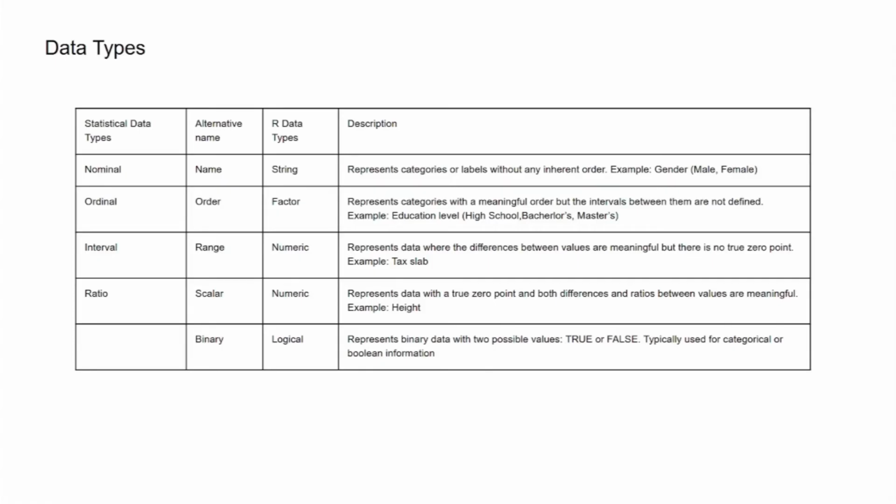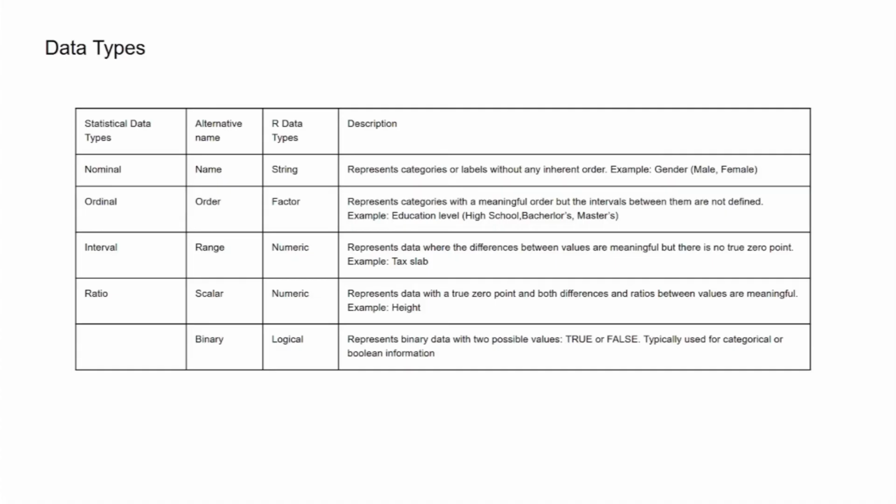In this way, the 4 data types, nominal, ordinal, interval and ratio, are statistically defined. Now, when it comes to R, nominal is called a string, ordinal is called factor, and both interval and ratio are taken as numeric. So, please understand, though they both are numeric in our understanding, still there is a different meaning when we come to statistical data type.